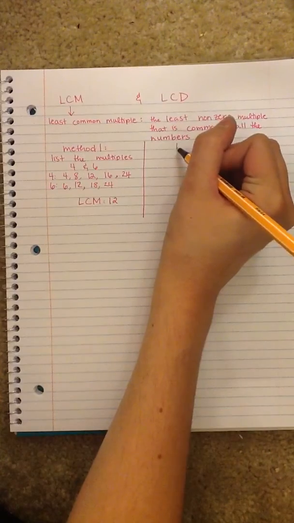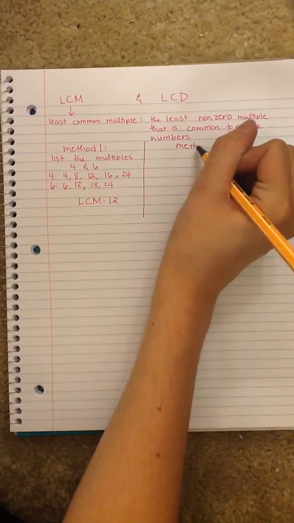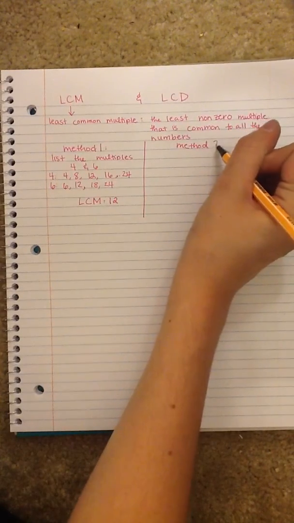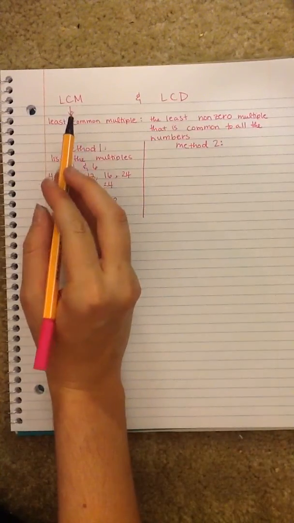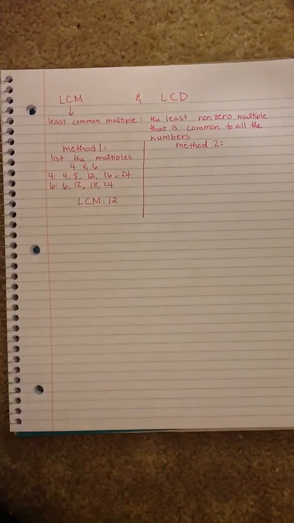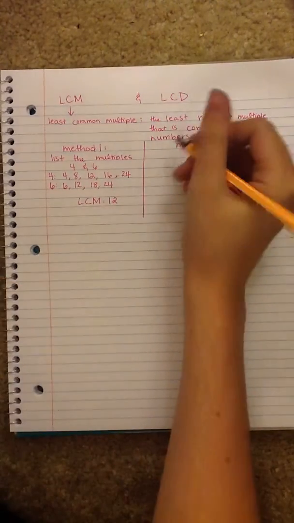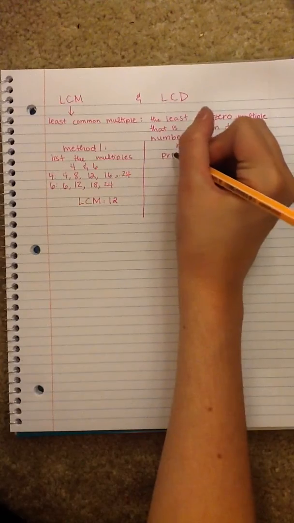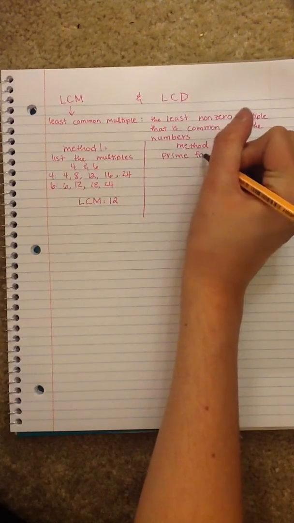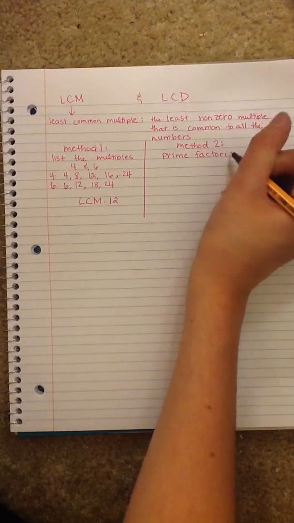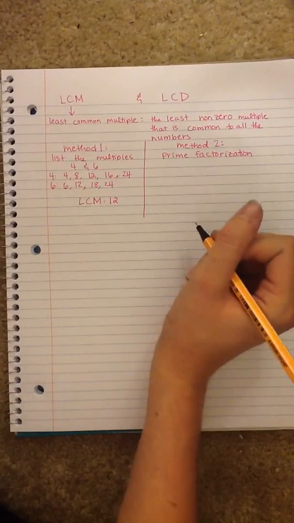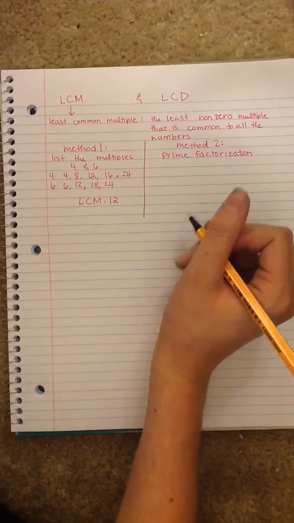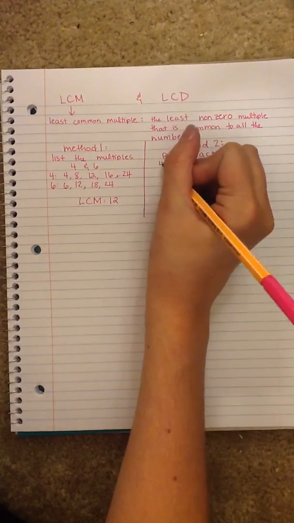Method 2 you will have seen before, not for LCM necessarily, but if you think back to GCF, it was method 1 in GCF, and that is prime factorization. So prime factorization means I do my factor trees.